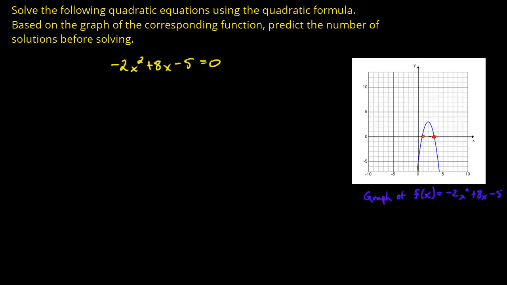Now, these 2 points are coordinates, but their x values correspond to the solutions to this equation. So since this quadratic function has two x-intercepts, this quadratic equation is going to have two solutions.